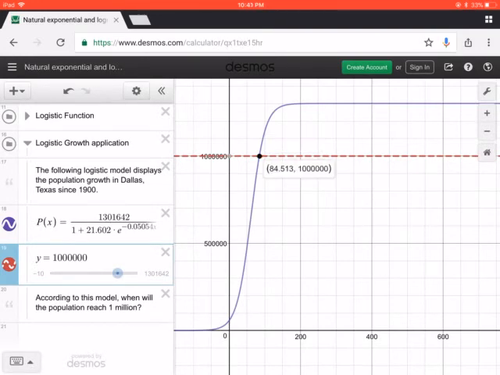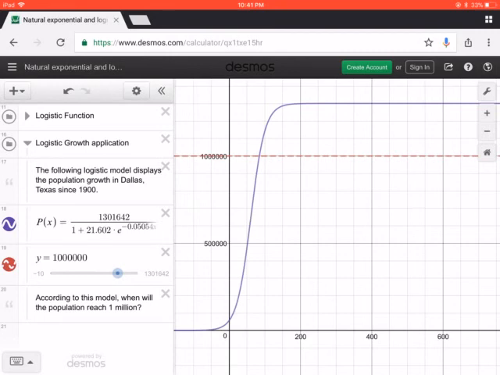So interpreting what this says, 84.513, 1 million. So since 1900, we would interpret this answer as in 1984 and a half, 1984, the population of Dallas, Texas reaches 1 million.